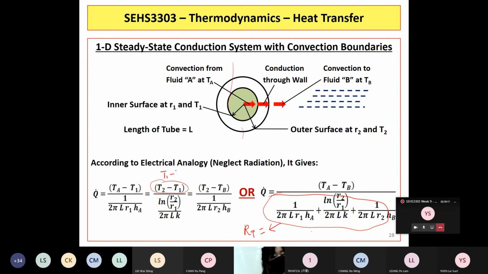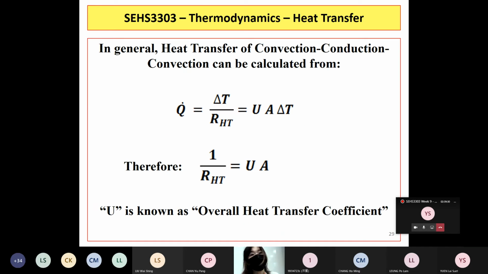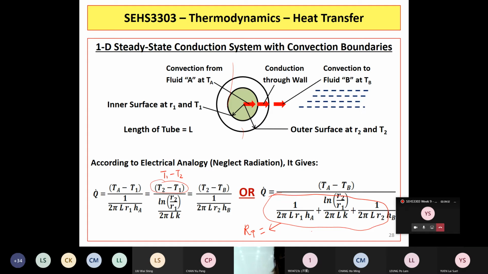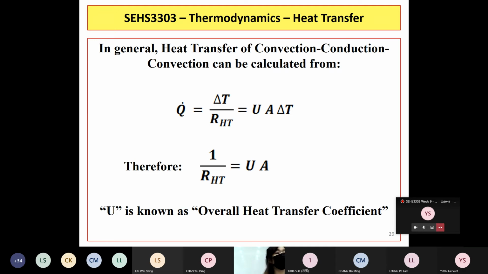Should be T1 minus T2. Good, very good. Okay, up to now, any problems? Can you follow? If no, let's continue.